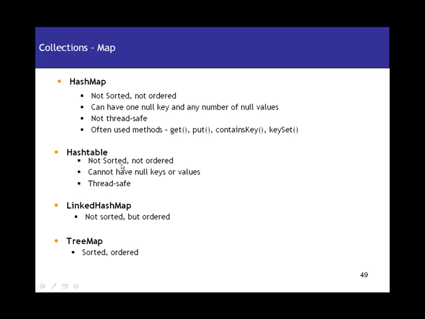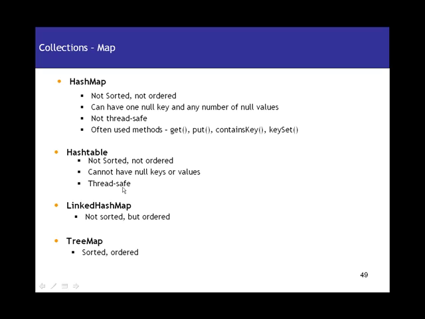Next, hash table. Hash table is not sorted and not ordered again, but the difference between hash map and hash table is that you can have a null key in hash map, whereas in hash table you cannot have any null values, be it null keys or values. You cannot have any null items in a hash table.